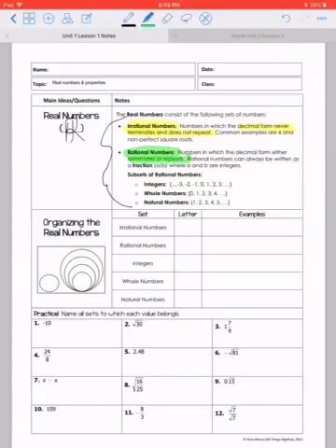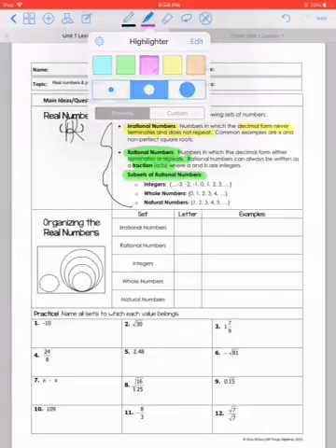Okay, and within the rational numbers you also have subsets. So there's a lot of numbers you see that are integer, whole, natural, but they're also rational. Rational numbers can be written as a fraction, a over b, where a and b are integers.